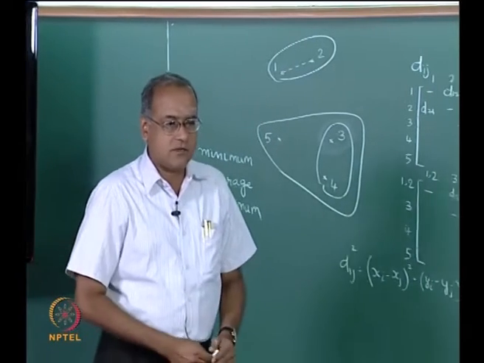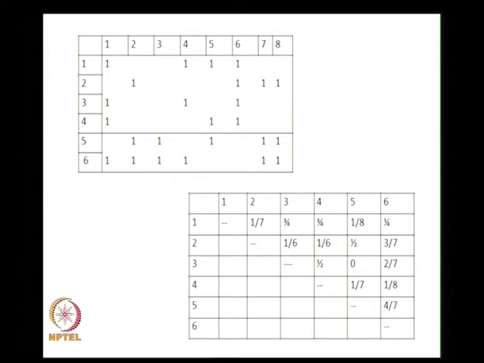Now, if we go back to this, we have constructed the similarity matrix for the machines, and we first started with this 3 by 4 because it is the maximum similarity. Now, let us go back to 3 and 4. You look at 3 and 4, a similarity coefficient of 3 by 4 has been calculated.